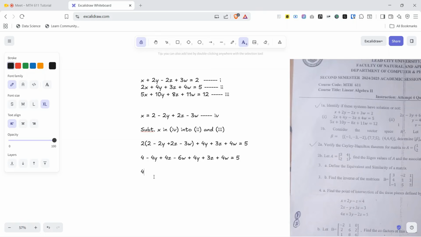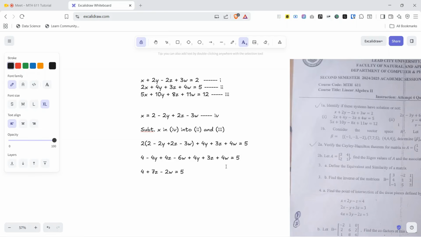We would have 4z plus 3z, that would be plus 7z. Then minus 6w plus 4w, that would be minus 2w.